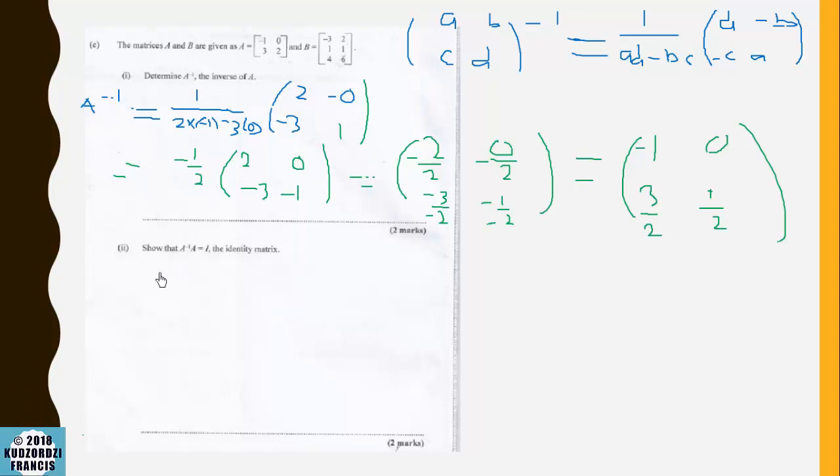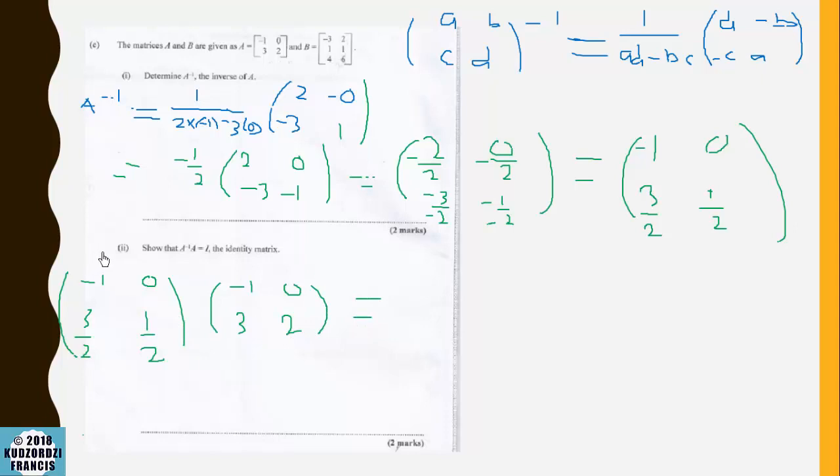We are supposed to show that A inverse times A equals the identity matrix. So you have A inverse, 3 over 2, 1 over 2, times this matrix negative 1, 0, 3, 2.